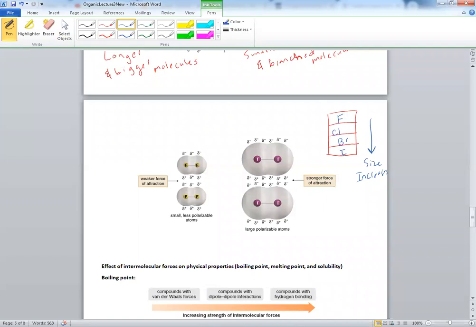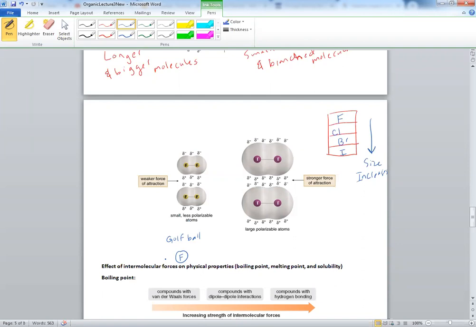An analogy that I always like to think about is to imagine the F atom as a golf ball, right? If you try to squeeze on the golf ball, it's not going to move.